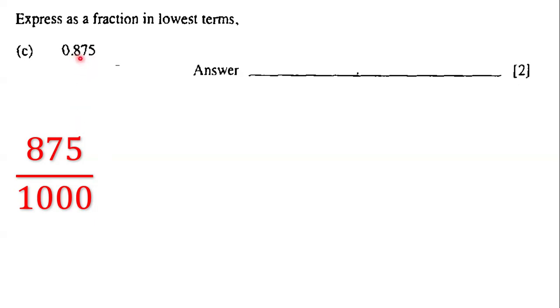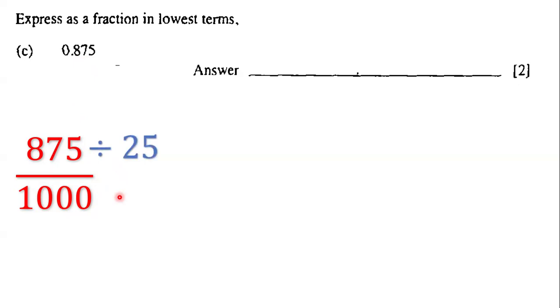But we have 3 digits behind the decimal point, so we have 875 over 1,000, which adds the 3 zeros. Next, we have to simplify because we have to express this fraction in lowest terms. So we ask ourselves what can go into 875 and 1,000.